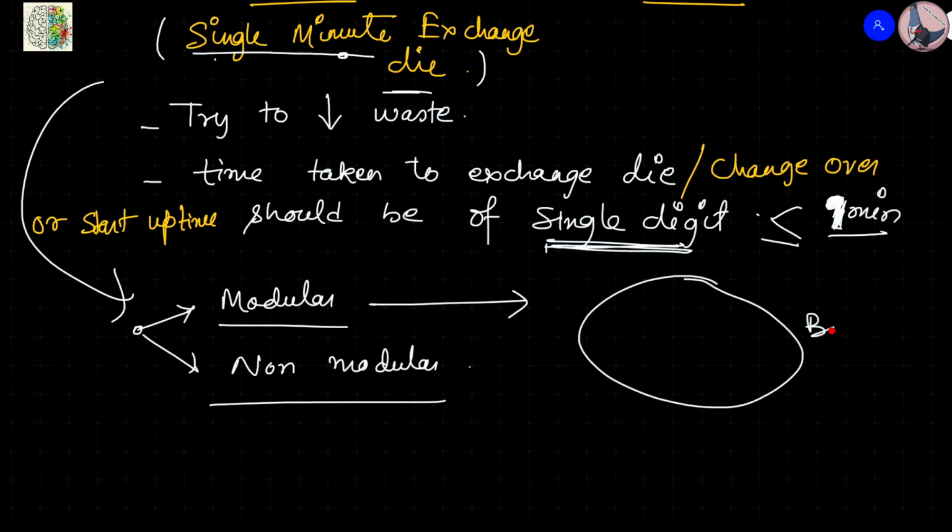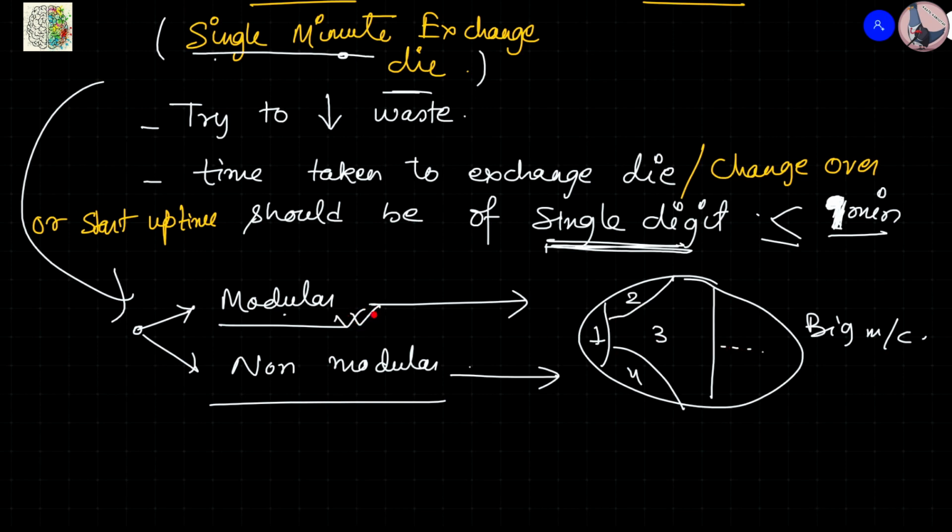Non-modular says that this big machine will be functional only when all the parts of this machine are functional, whereas modular says that this big machine is constituted of small parts of other machines. Like this is one part, this is the second part, third part, fourth part, and so on.